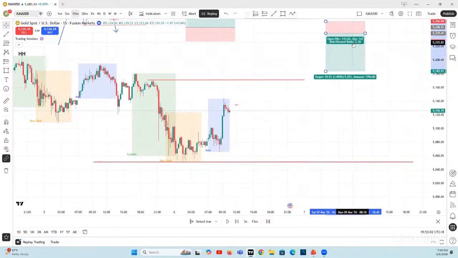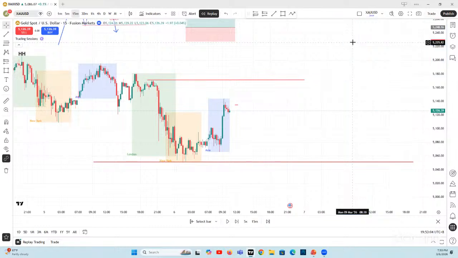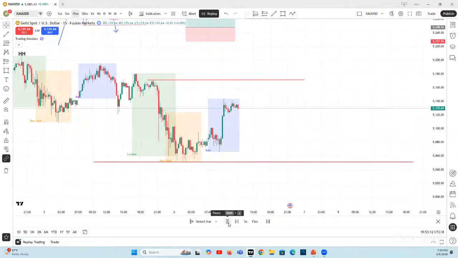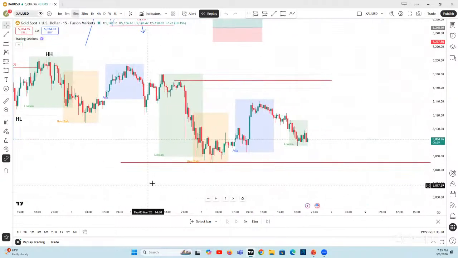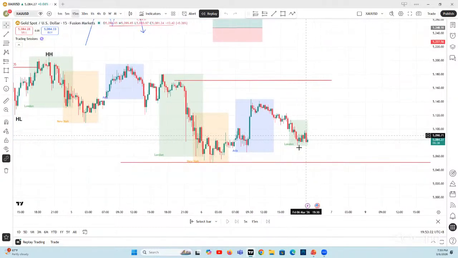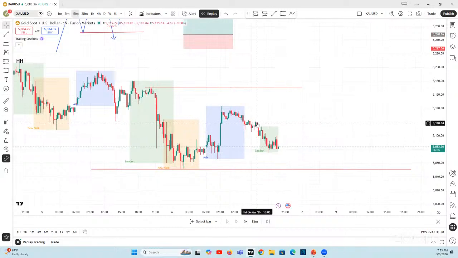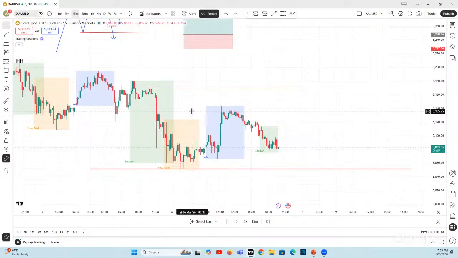Okay. Let's play this. That's the latest price action for today. So it cannot continue.